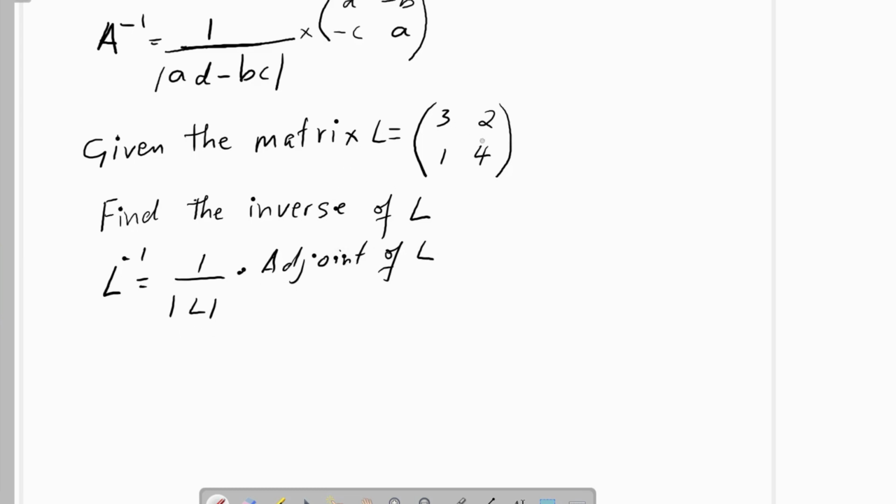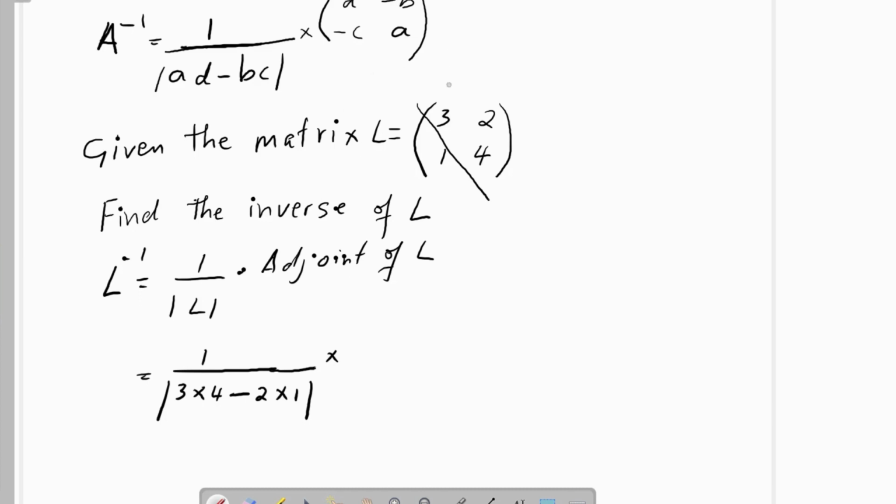First of all, let's look at the determinant of L. The determinant is formed by the product of the leading diagonal, which is 3 times 4, and remember we use straight brackets, minus 2 times 1, multiplied by the adjoint.